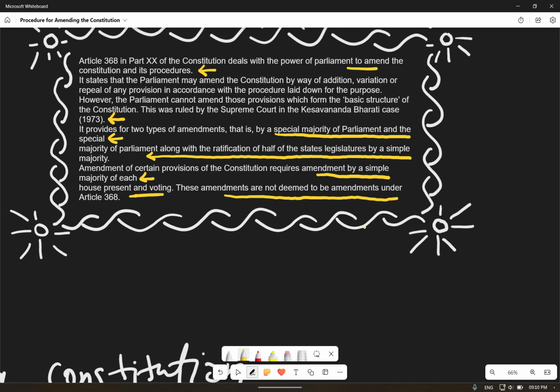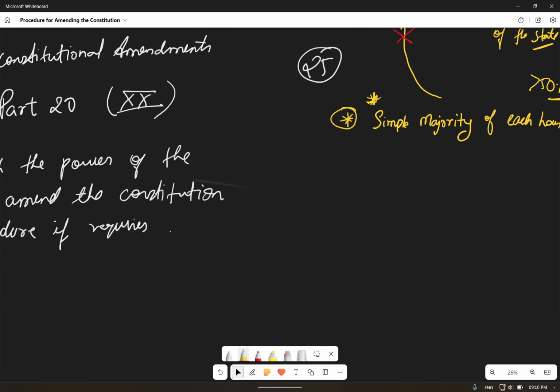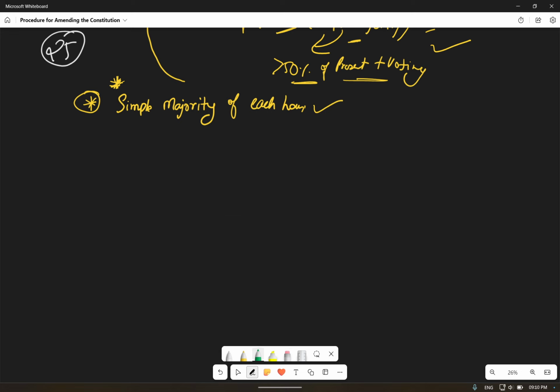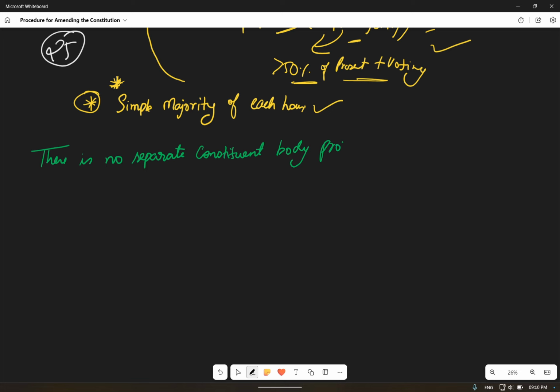One key point I want to mention is that there is no separate constituent body provided for by our constitution for the amending.